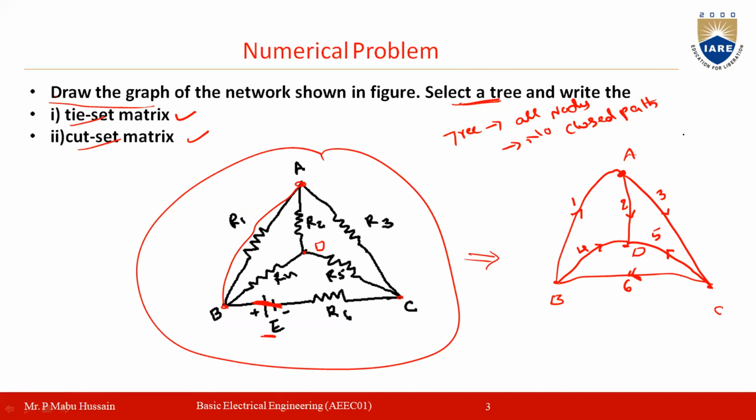So from this graph, you have to select all the nodes, but no closed loop. Then you can say that the subgraph is called a tree. Now I am forming the tree with elements 2, 5, and 4. I am using these 3 branches such that there is no closed loop and all the nodes are included.